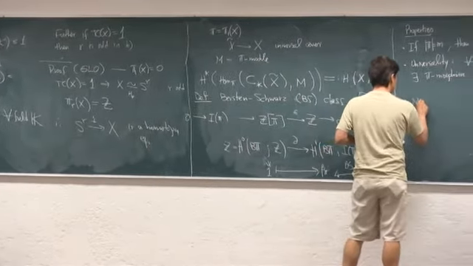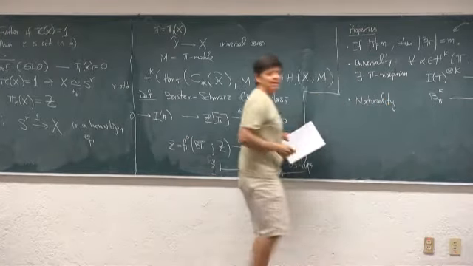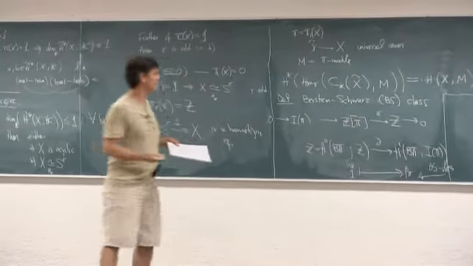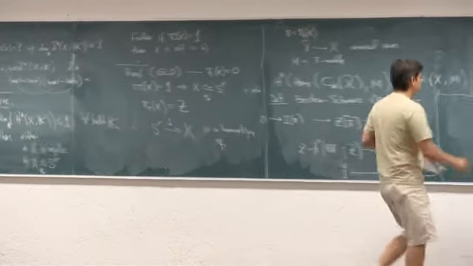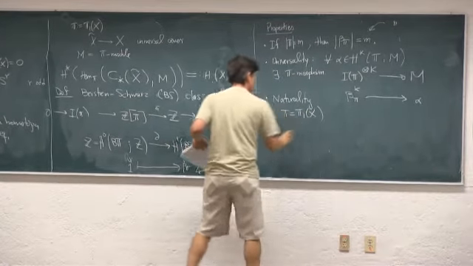So it is natural. Well, what does it mean to be natural? I have only defined one element. Namely, I want to do it the other way around. Suppose that X is a space with fundamental group pi.